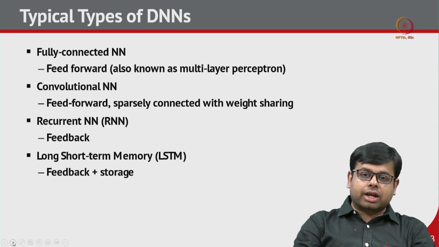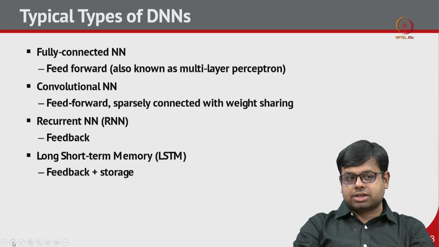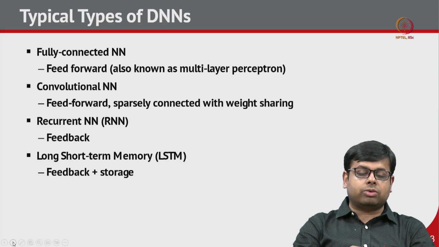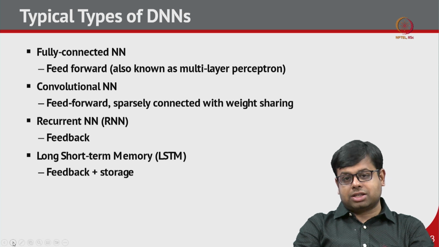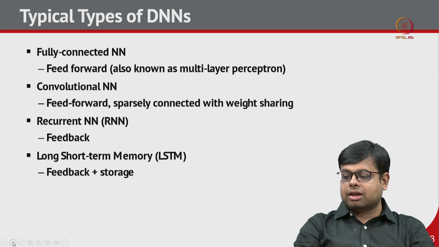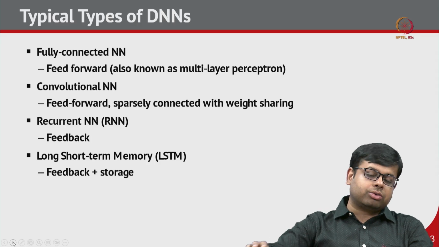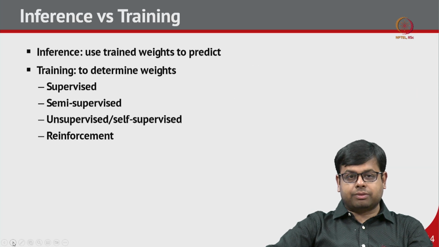Then there is the recurrent neural network, where we have the feedback connection I was showing in the previous slide, and then the long short term memory, which has feedback connection and on top of that some storage, because there is some memory involved. These are the typical list of DNNs, but we will mainly talk about the fully connected neural network and then the convolutional neural network in our course.